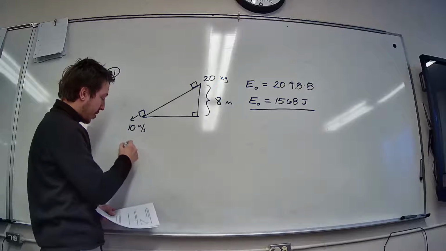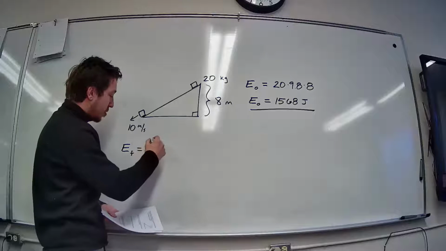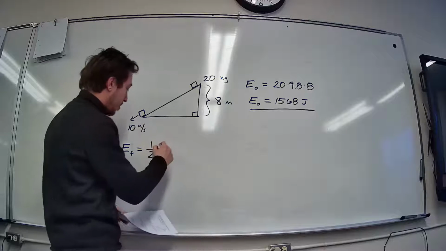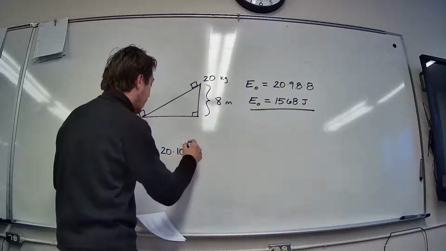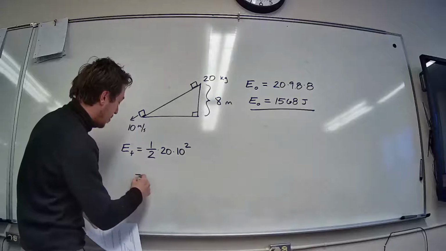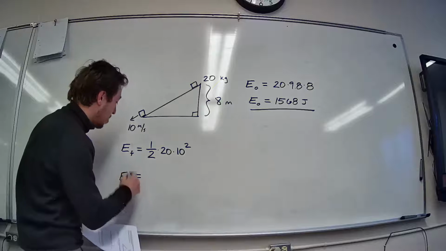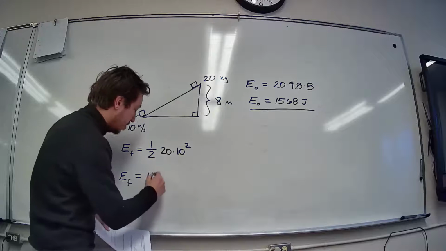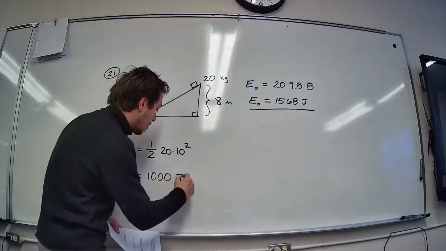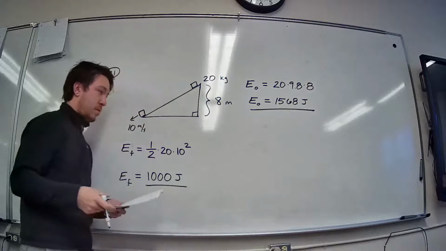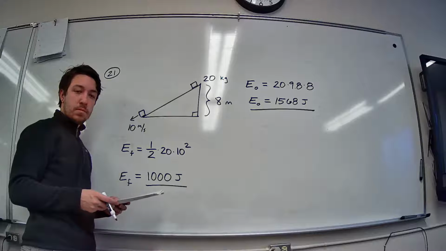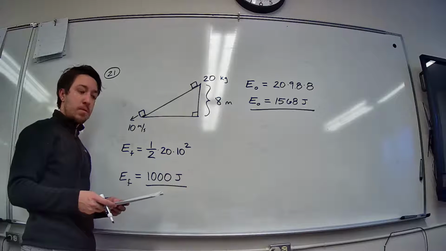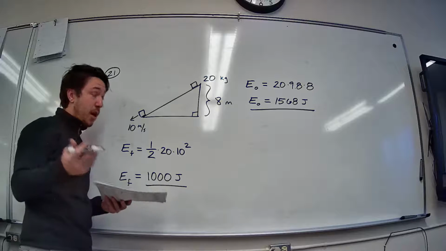The final energy of the block is 1/2 mv squared, which would be 1,000. You okay about that? Exactly. So then how much energy was lost?